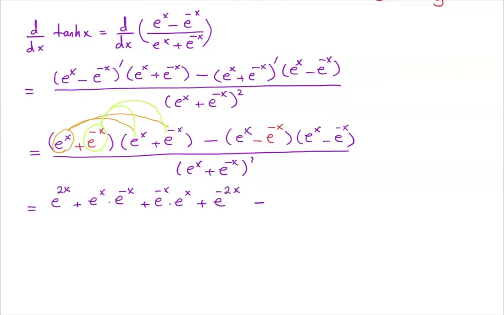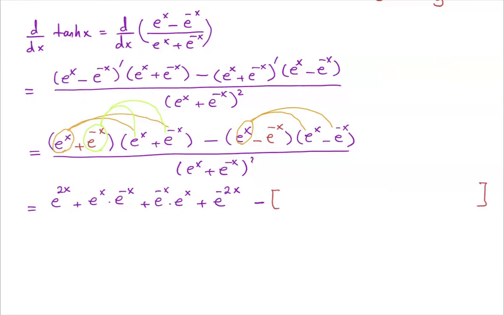Then we move on to the next set. In the next set, we do the same thing. We take e to the x and distribute that into parentheses. What do we get? We need to be careful. Since we have a negative sign, let us put it in brackets.